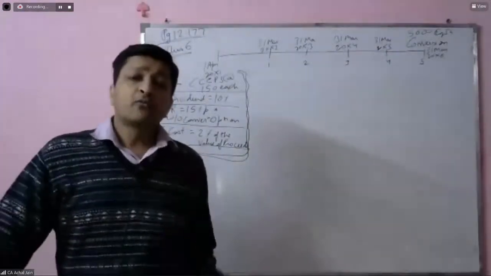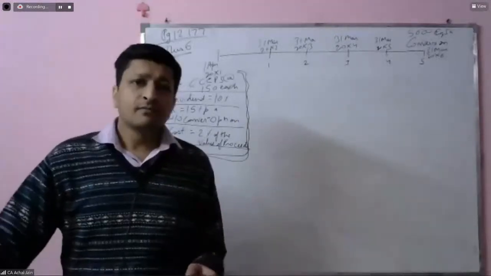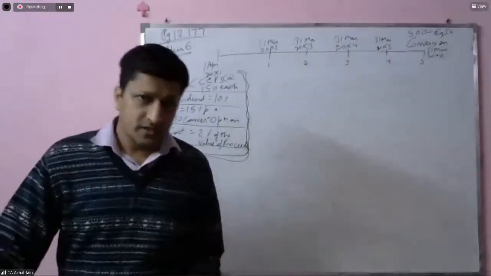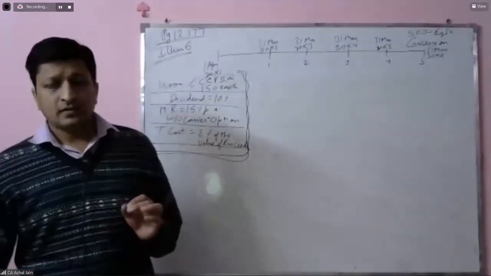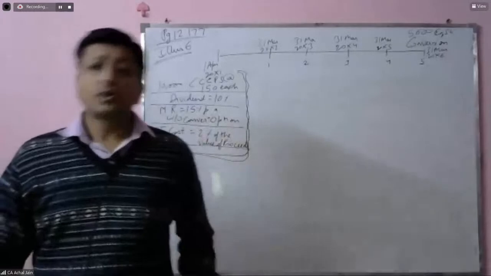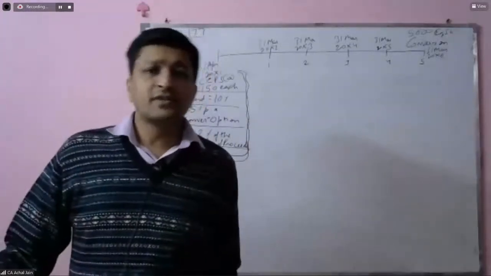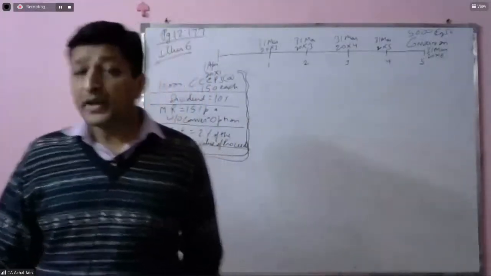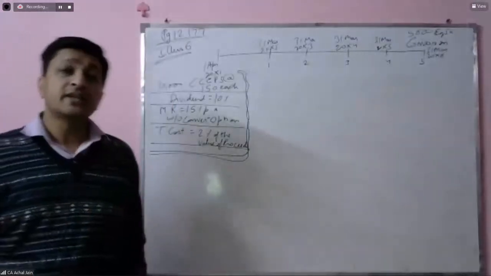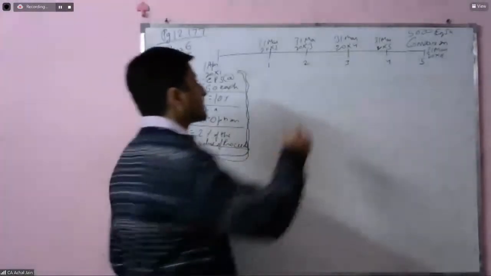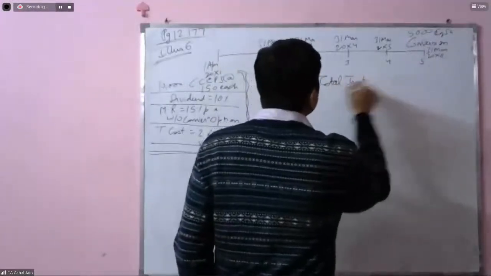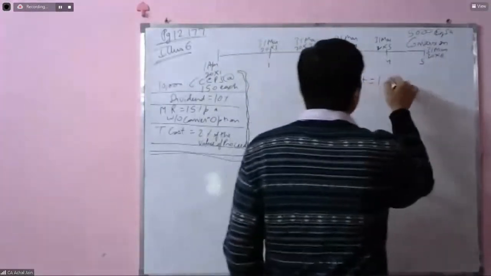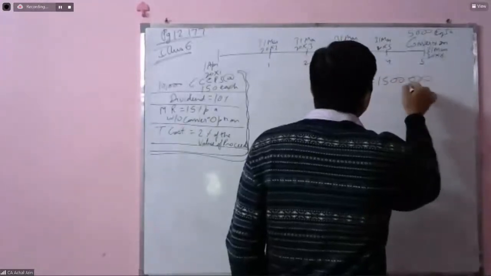See, these types of questions are easy to solve when you have the conceptual understanding, but still there could be a trick which you may miss, or a point which you may miss, and which is very, very important for you to remember, and that is about transaction cost and its allocation to two components. So our instrument, or you can say the total value of instrument, was 15 lakh.